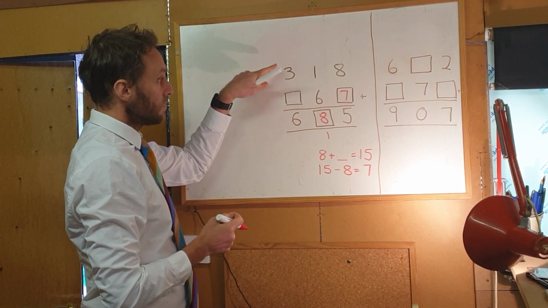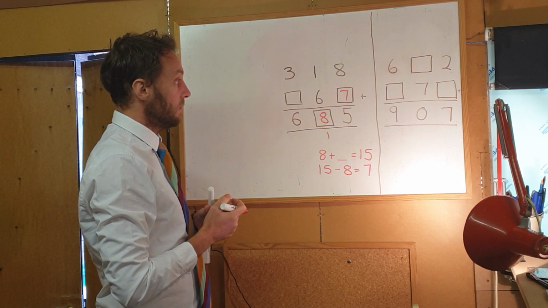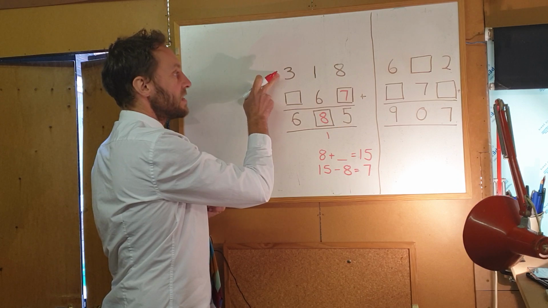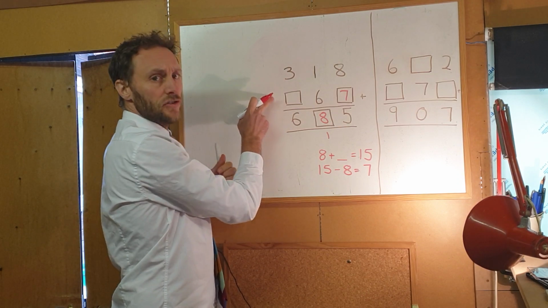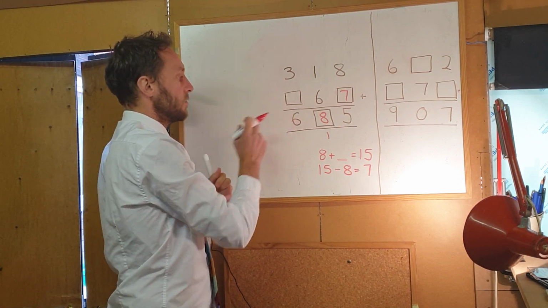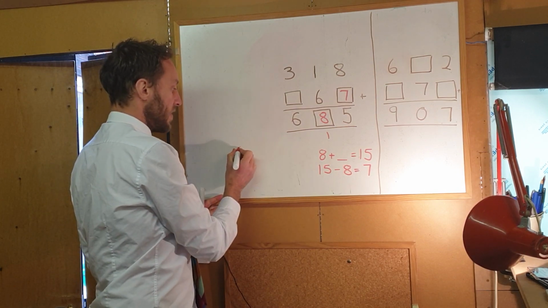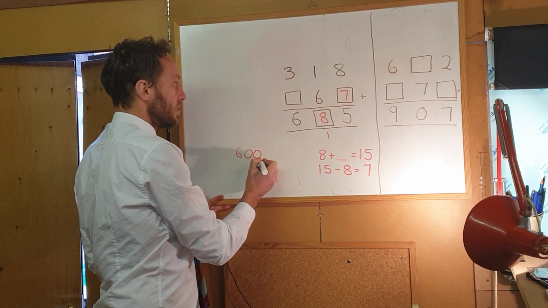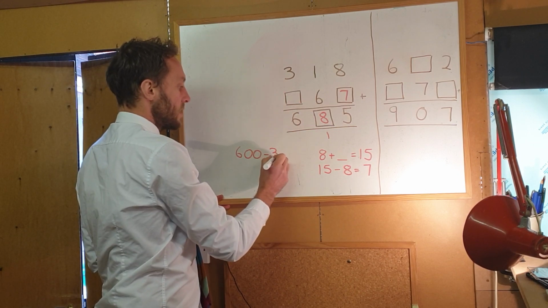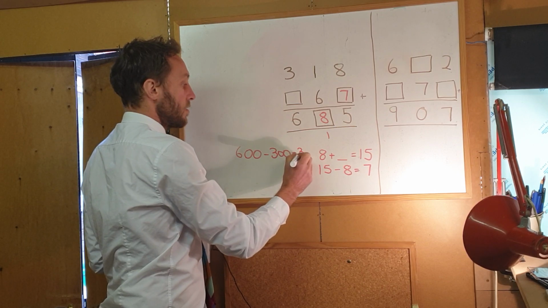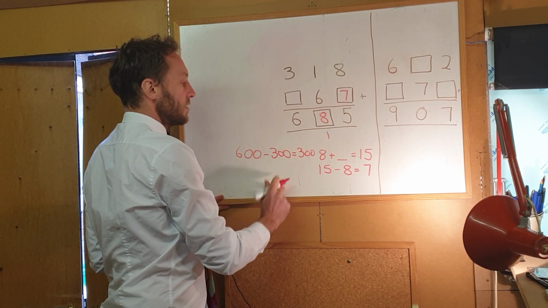So we can now move on to our last column. Now this is probably the simplest of them all. 3 sets of 100 add some sets of 100 equals 6 sets of 100. So again, we can rewrite that as 600 take away 300 equals 300.